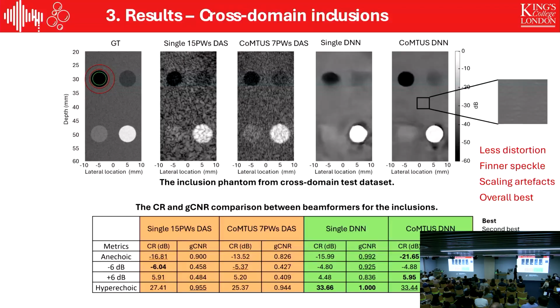And it can produce finer speckle, which is quite fine compared to the delay and sum beamformers. It also produced some scaling artifacts, especially around the hypoechoic inclusion. You can see there's some scaling issue, but overall the last one, the COMTOS plus deep neural network beamformer, performs best among them.